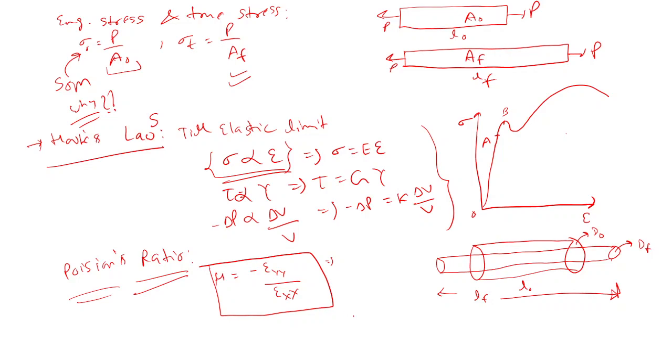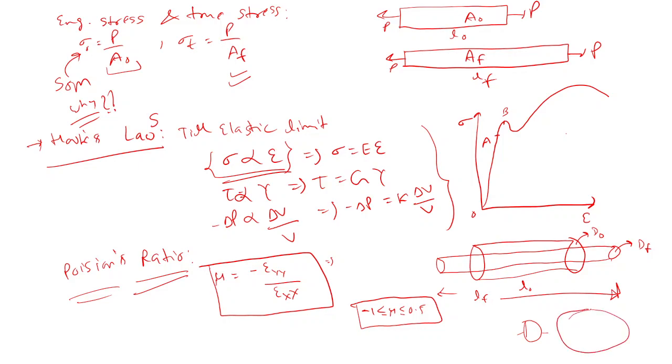Generally the value of Poisson's ratio will vary from -1 to 0.5, but what does a negative Poisson's value signify? It signifies that if you increase the dimension on one side, the dimension on the other side will also increase, like a balloon which you are inflating and it increases on all sides.